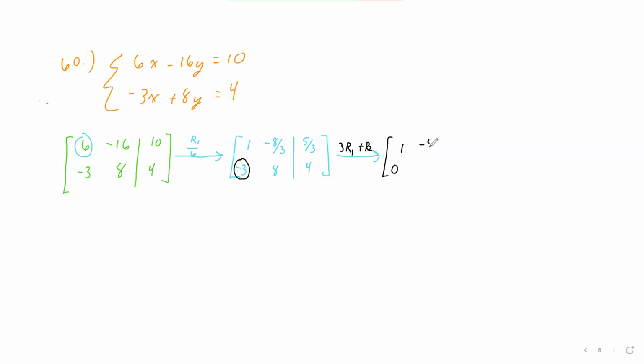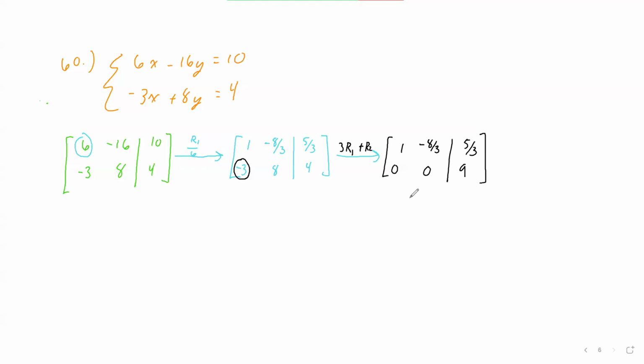The first row did not change, so I'm going to go back and write that. 3 times negative 8/3 is just negative 8 plus 8, which gives me 0. 3 times 5/3 is just 5 plus 4 gives me 9.